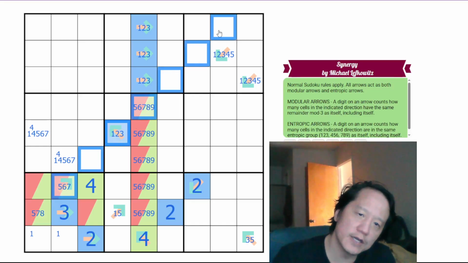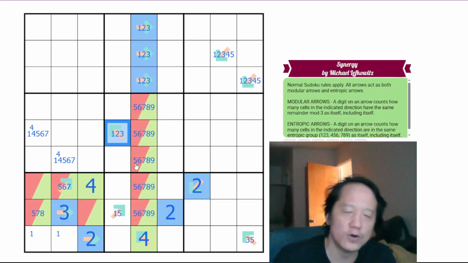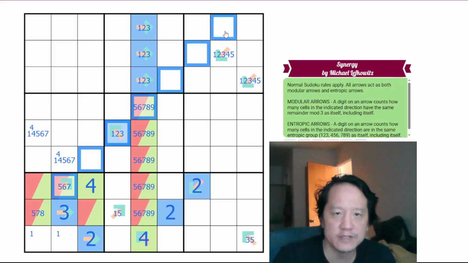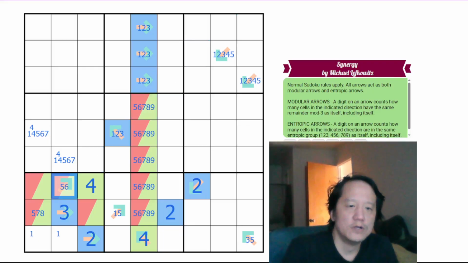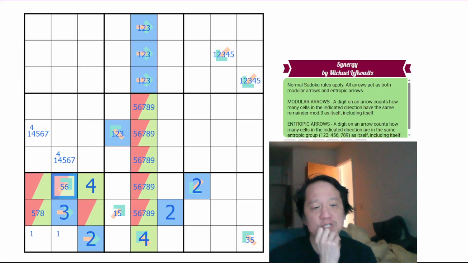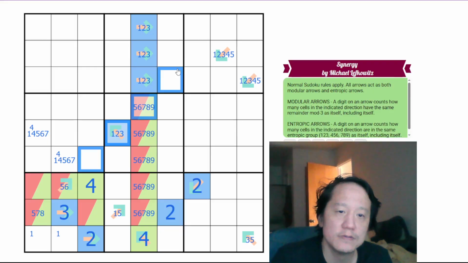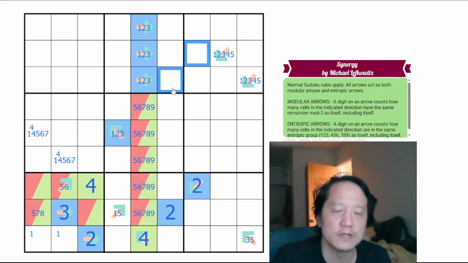This, okay, can't be 7 because this is already a low digit, and that doesn't satisfy the high digits here. So we have to see 5 or 6 medium cells at least. Interesting.